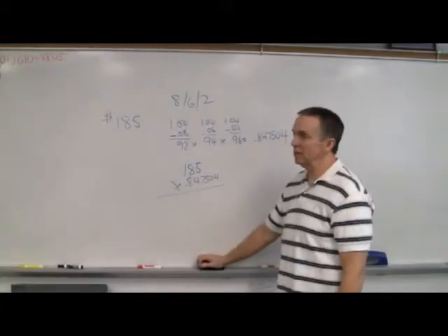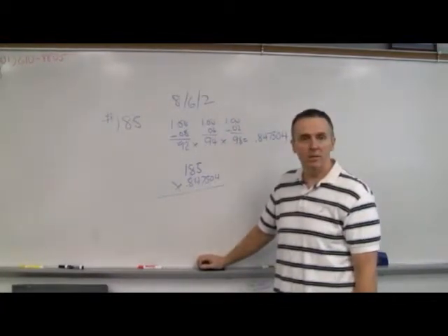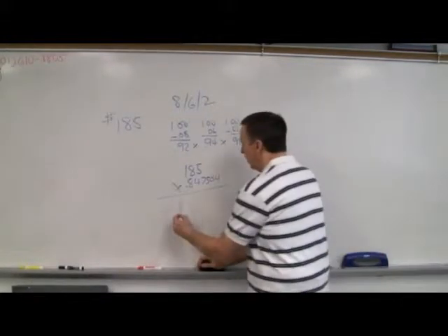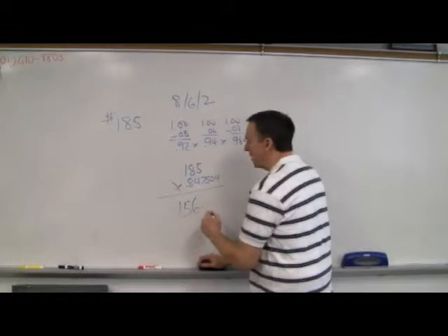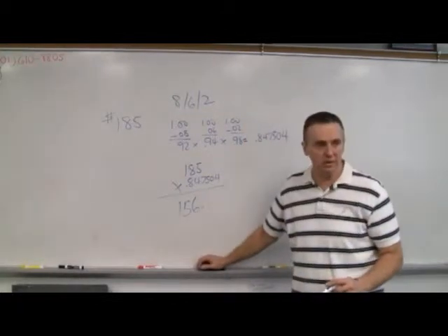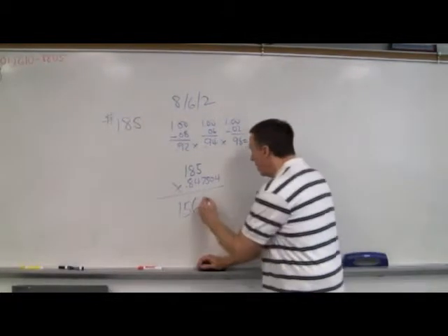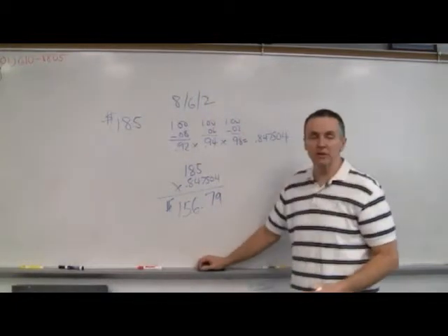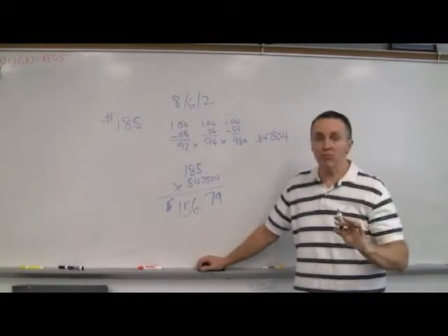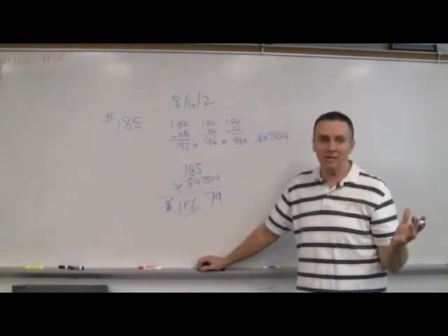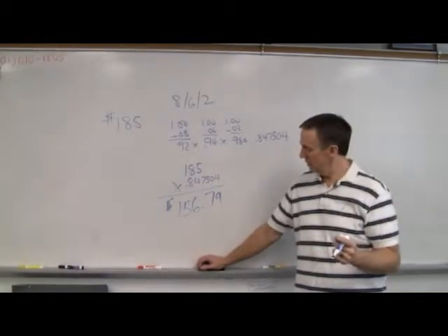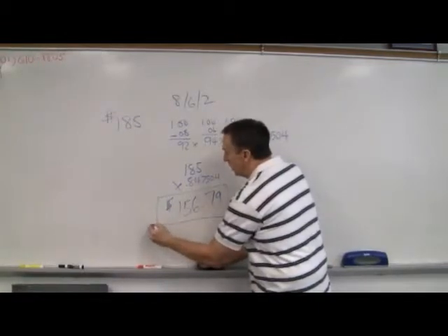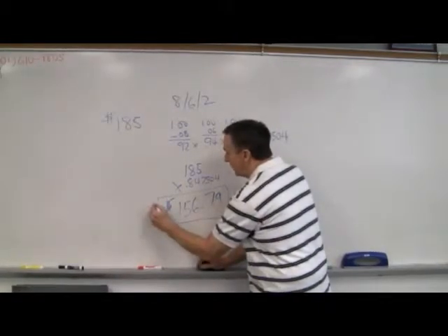What does this work out to be? 156.78824. Got to round this one to the nearest penny, always. 156.79. If it's a dollar amount, you always round it to the nearest penny, unless they say round it to the nearest dollar, which they might on a large item. We call that our net price.